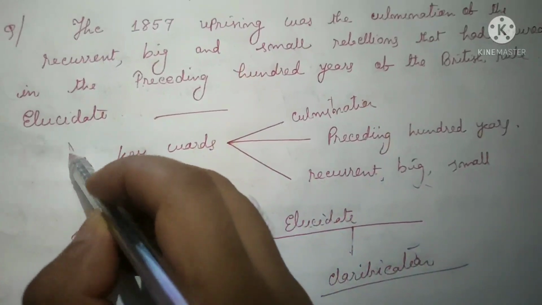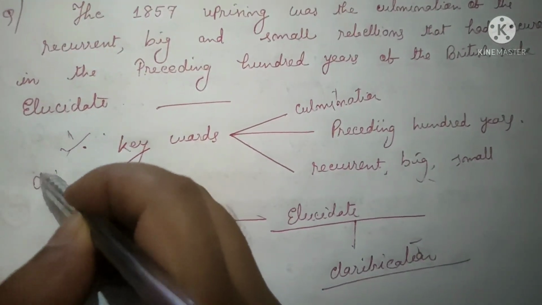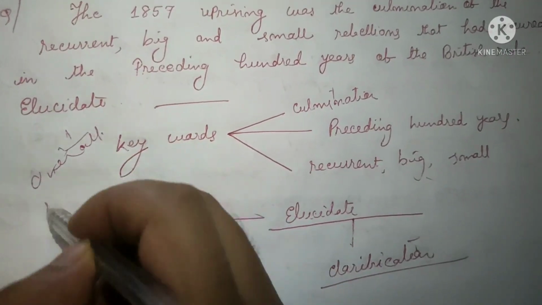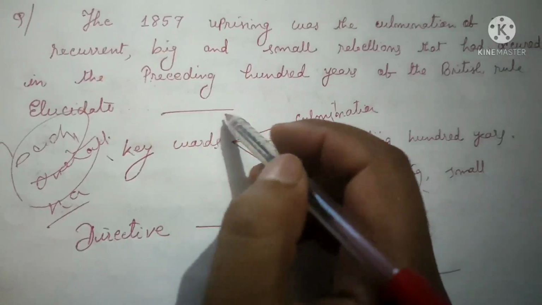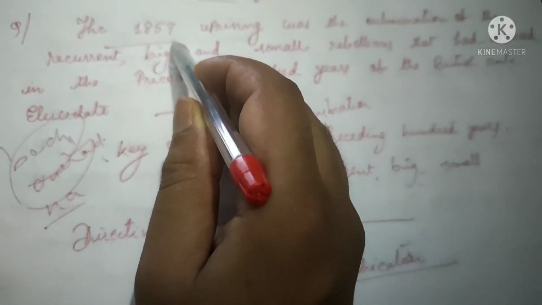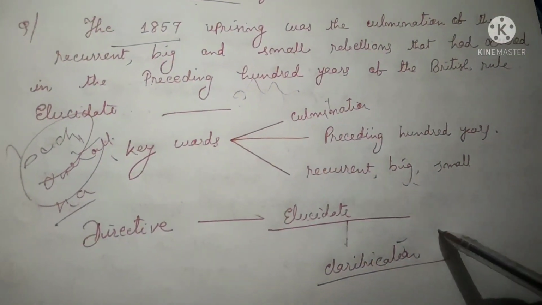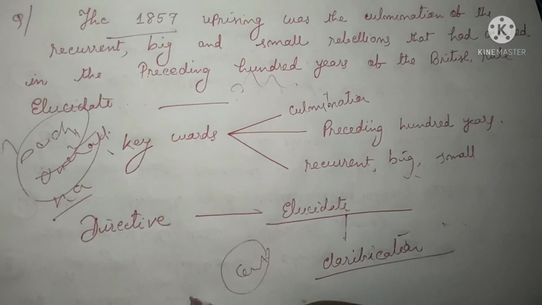The question is asked in such a way that you can only attempt it if you have an overall background knowledge of the period in and around 1857. It is a wholesome question, which means it is not centered around a particular aspect.